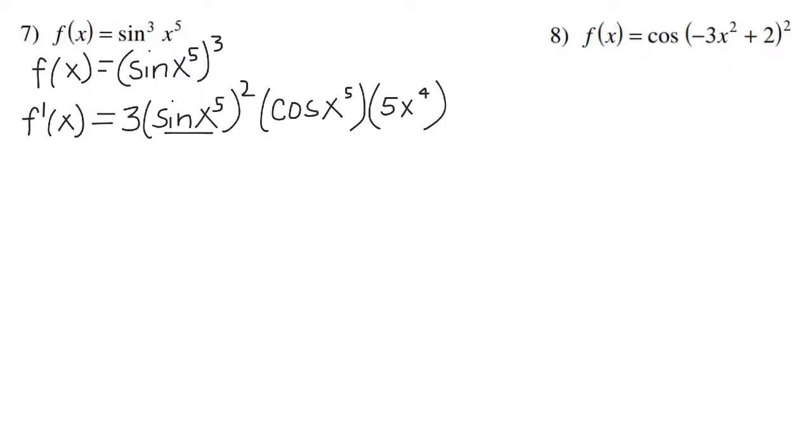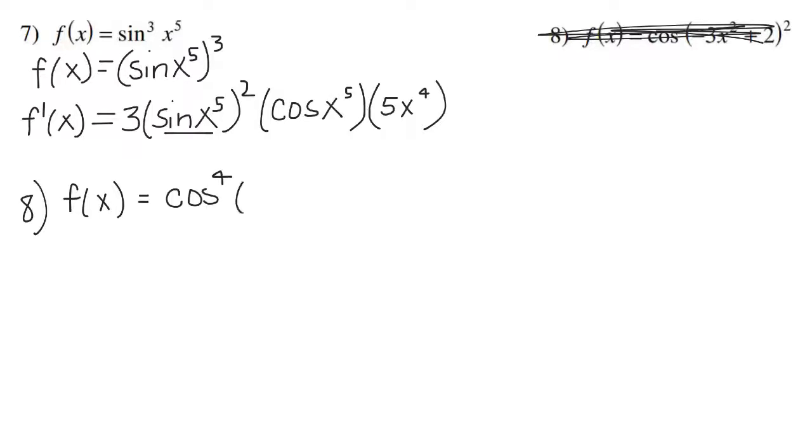So instead of doing number 8, let's make up our own number 8. Let's practice that again. Okay, so we're going to have f of x equals cosine raised to the 4th power, and then my angle is going to be 3x cubed.